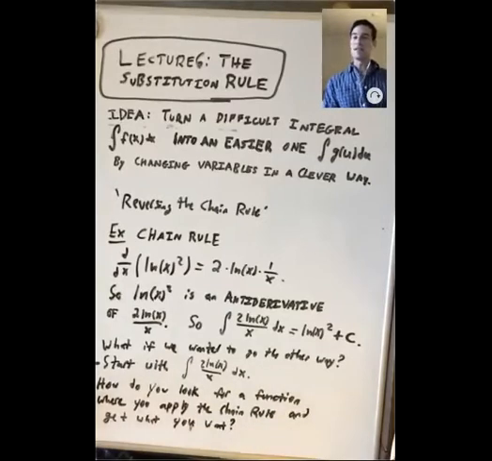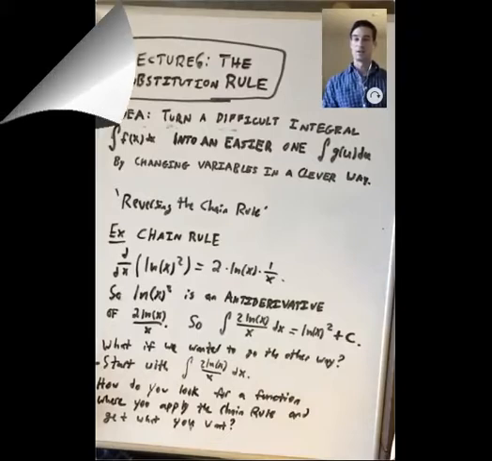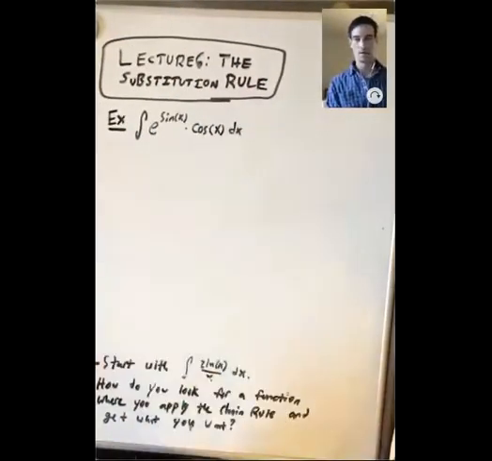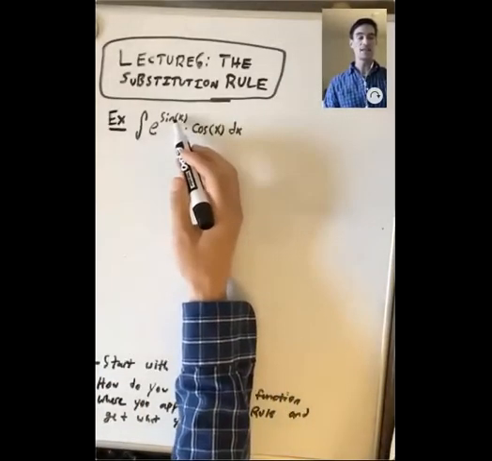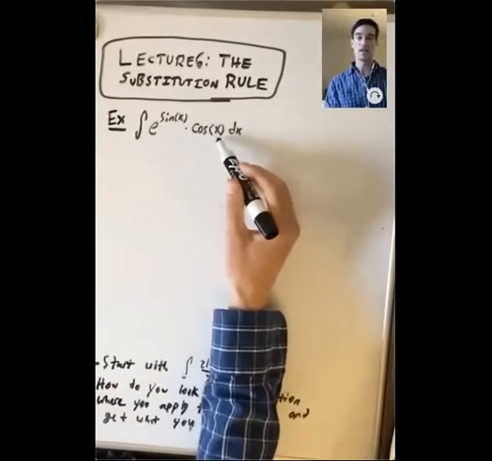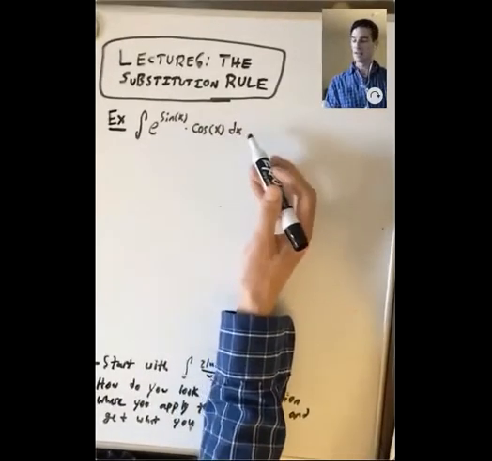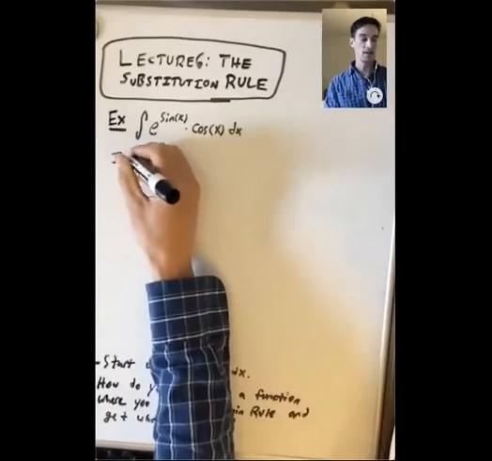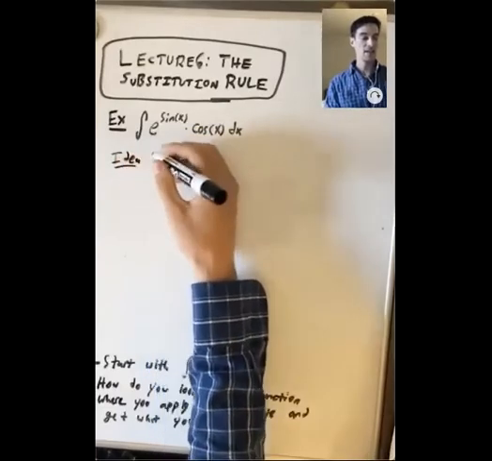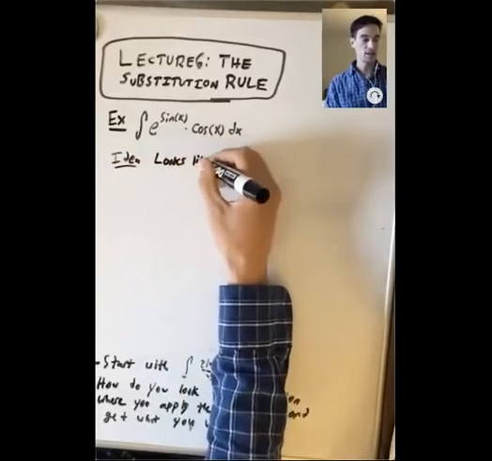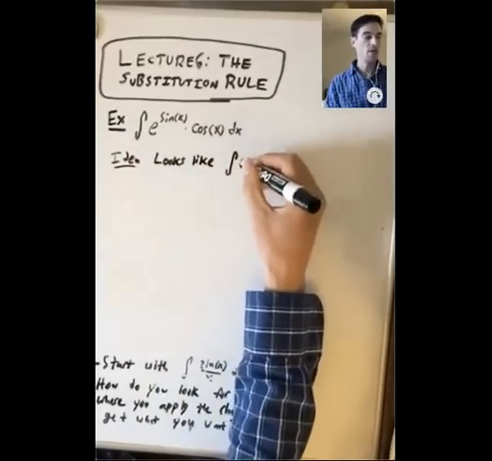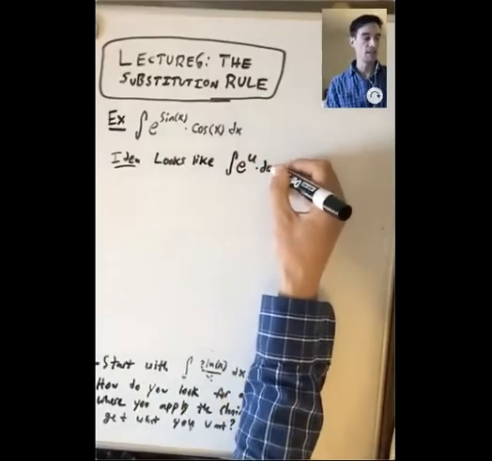Okay, so the easiest thing to do is to start with an example. Let's consider the example of the integral of e to the sine of x times cosine of x dx. The idea here is that this integral kind of looks like the integral of e to the something d something.